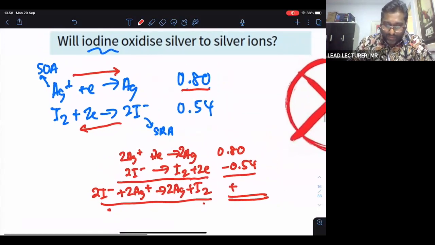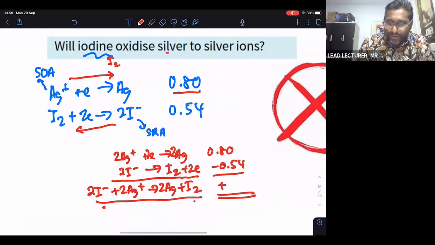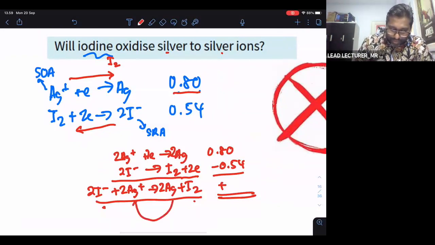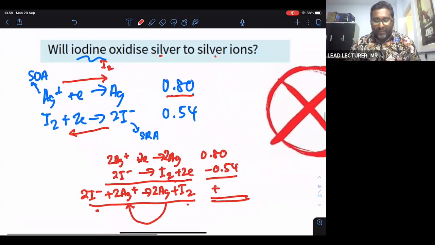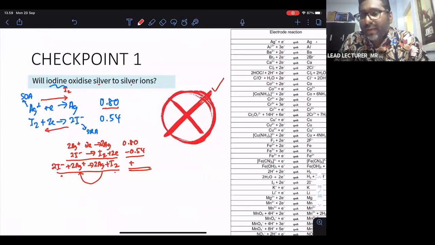But the question is, can iodine oxidize silver to silver ion? The answer is no. If it is going the other way around, you need to reverse the equation, which is going to be a negative value, so we do not want that. You can just come up with this conclusion: they will not oxidize silver to silver ions.